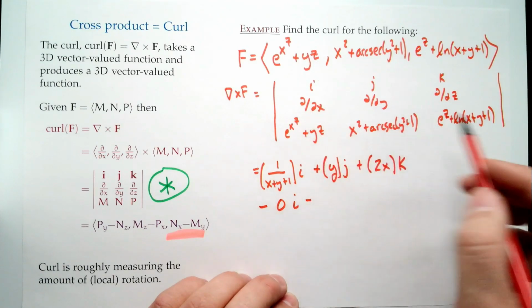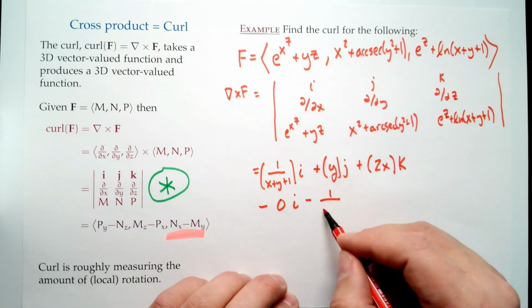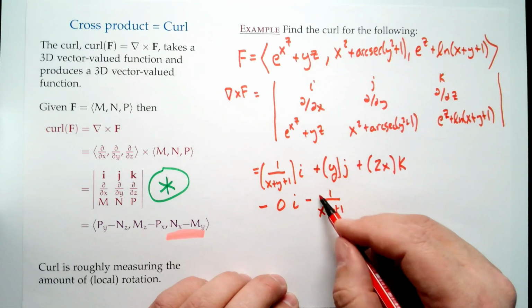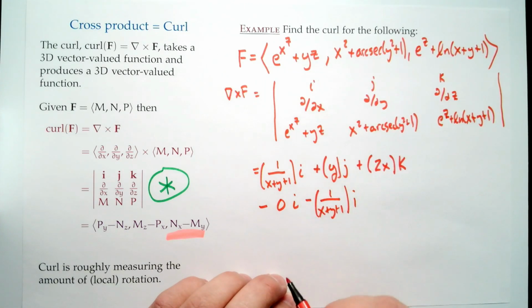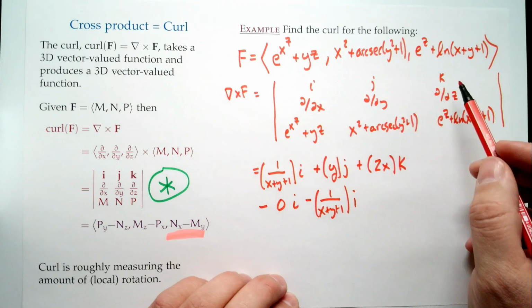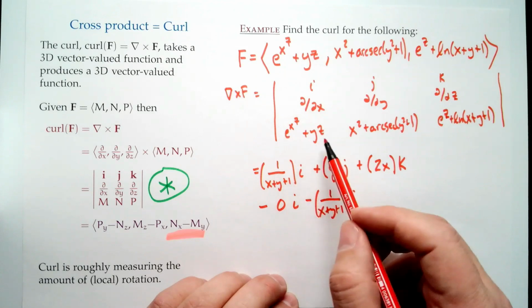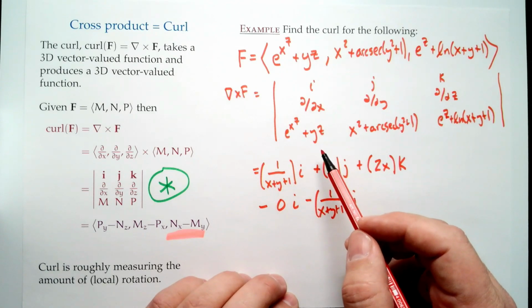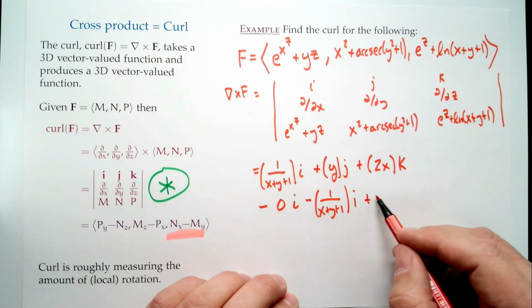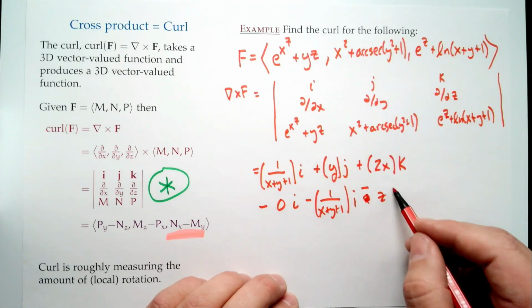Well, so I'm taking the derivative with respect to x of that term, 1 over x plus y plus 1. And I subtract. Last thing, k, partial y of e to the x to the 7th plus yz. It's going to be z. And we go the wrong way, so we subtract.